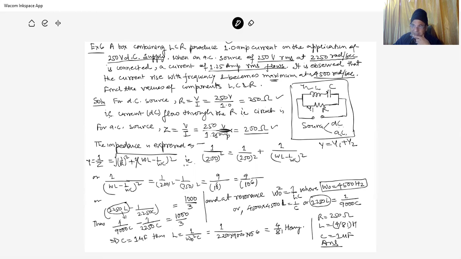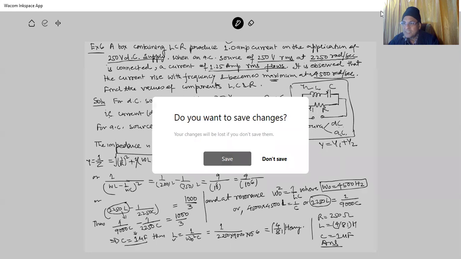So from there C is 1 microfarad. If C is 1 microfarad, after solving this equation, L is equal to 1 upon omega squared C. Omega squared is 2250 into 9000, that is 45 whole squared into 6. So 4 by 81 Henry is L, and R is already calculated, that is 250. In this way we can solve problem number 6.